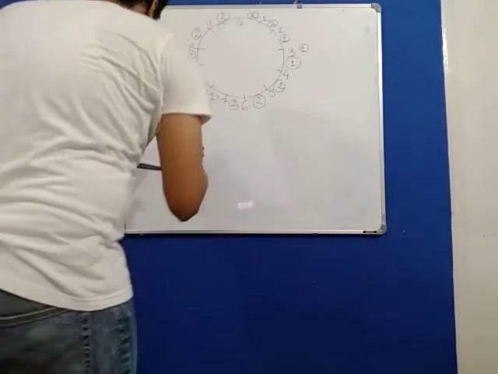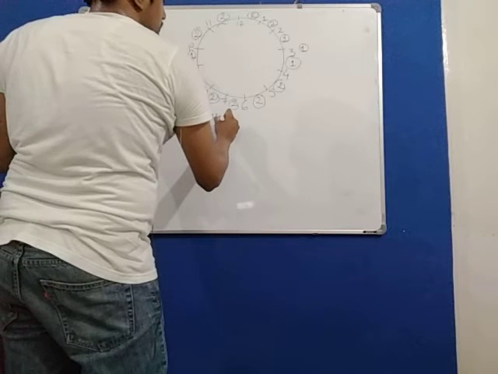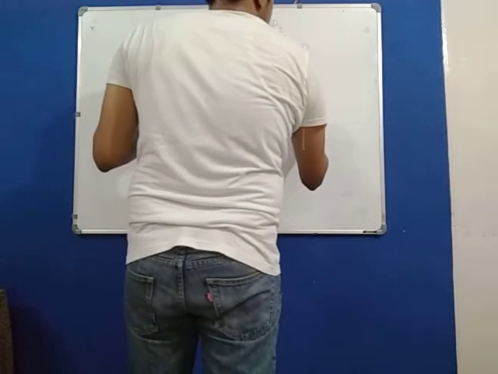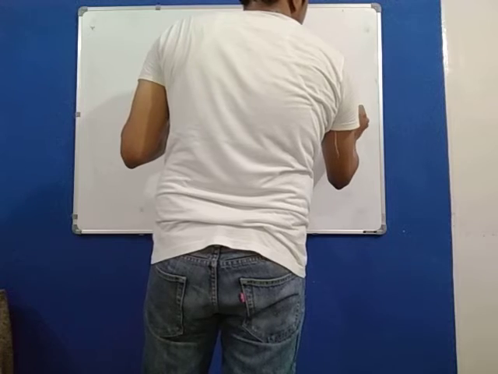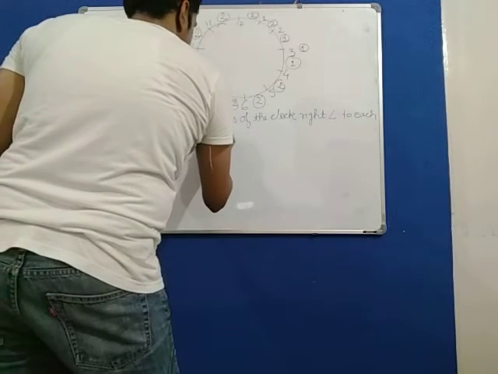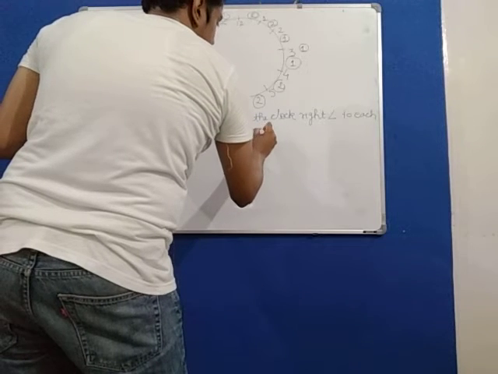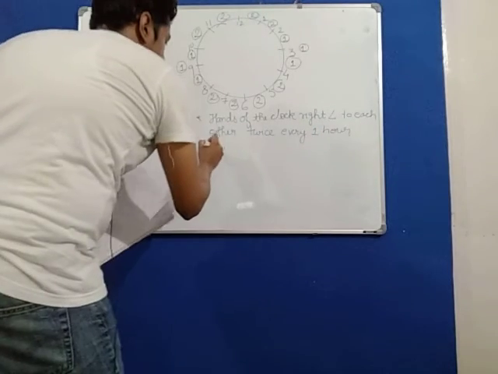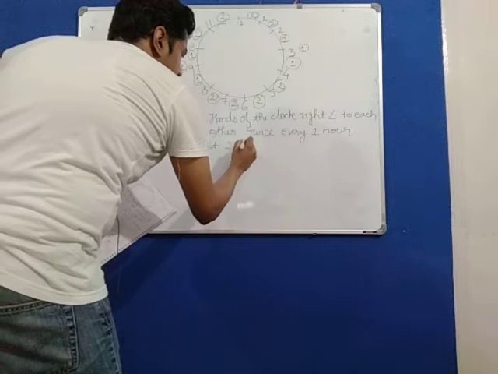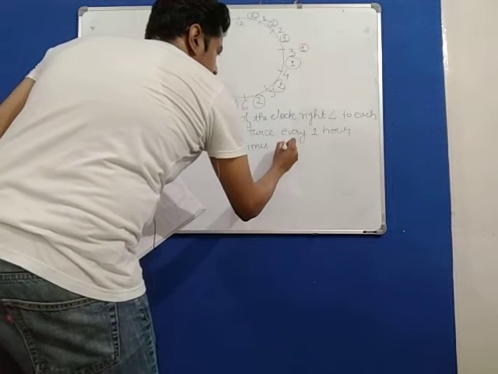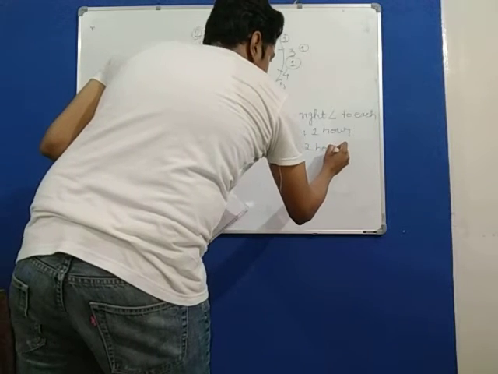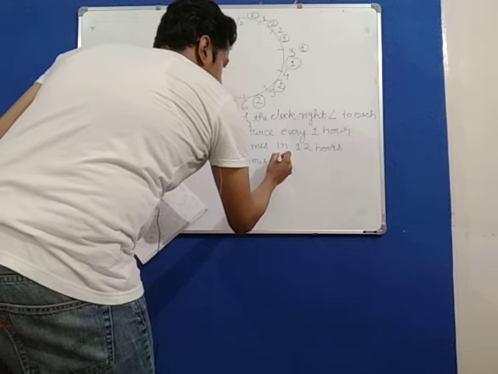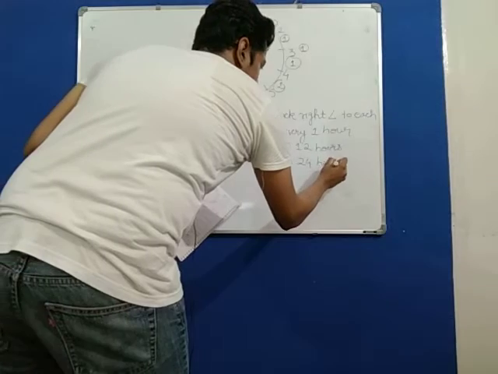So what we can see from this particular diagram is that in general the hands of the clock are right angle to each other twice every 1 hour, but 22 times in 12 hours and 44 times in 24 hours.